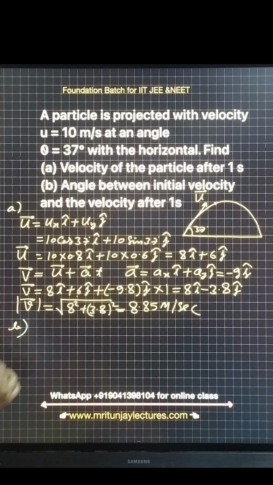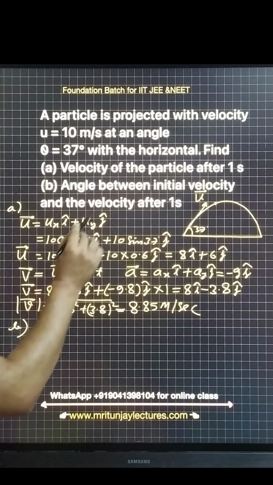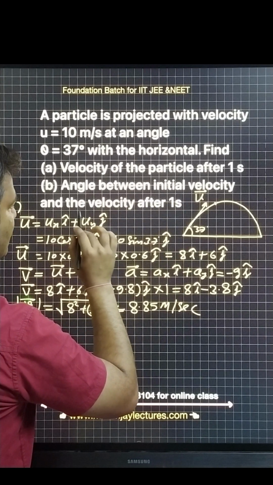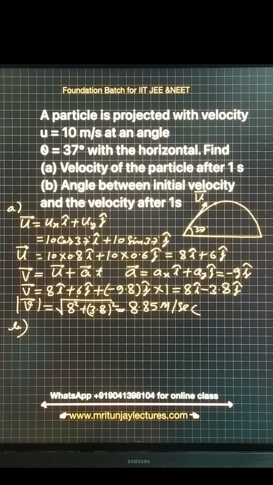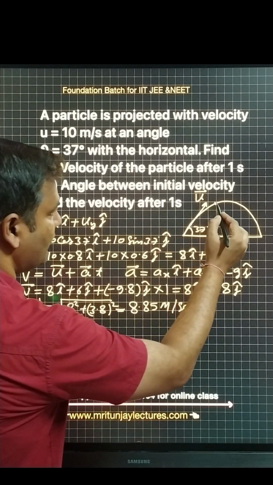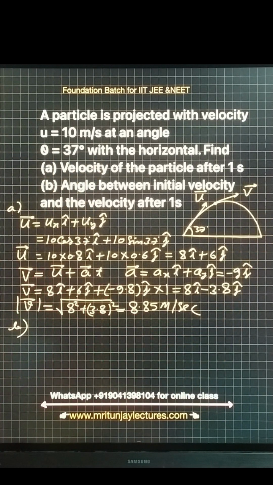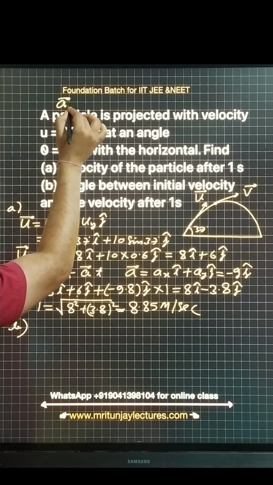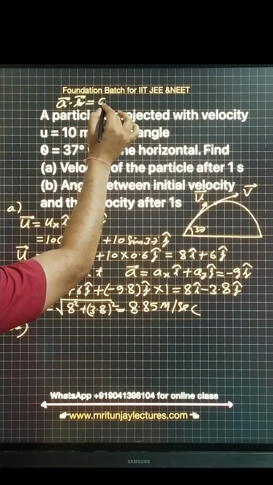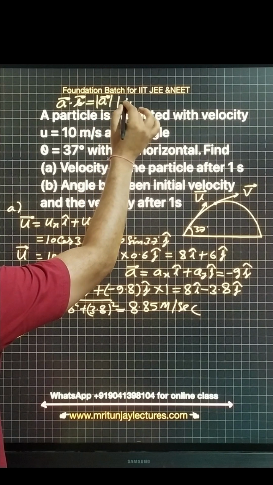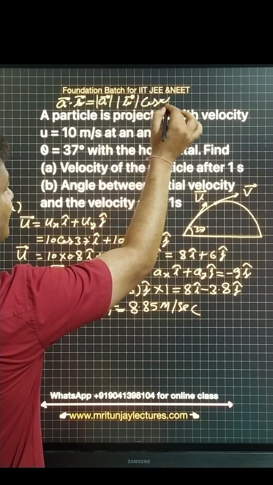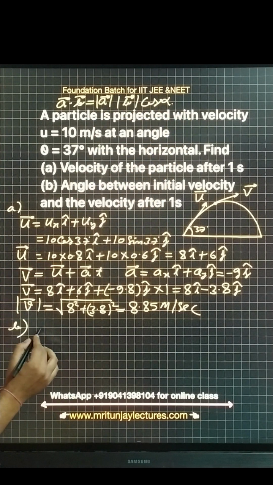Now we focus on part B: the angle between the initial velocity and the velocity after 1 second. Initial velocity is u, and after 1 second the velocity is v. I know that a dot b is equal to mod a mod b into cos alpha, so that formula applies here.